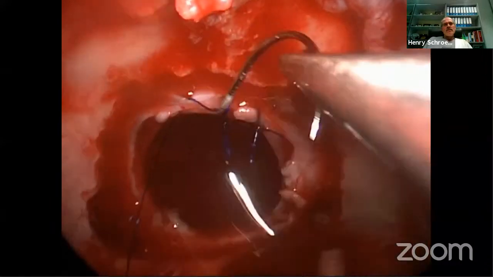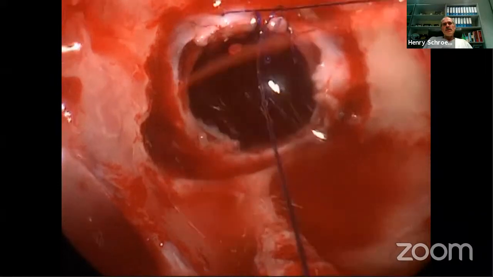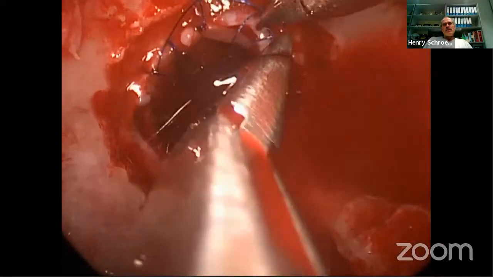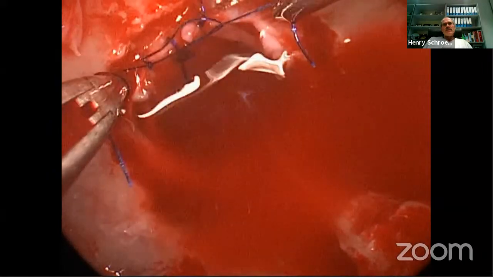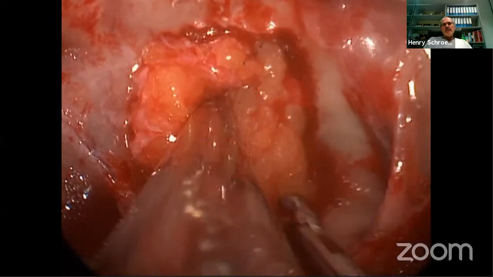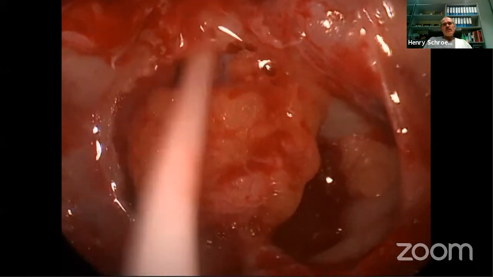And as Sebastian said in his presentation, it's a little bit time consuming to bring the sutures and to tie them in the depths. But it can be done. Then I put some fat in to fill the dead space, and then fibrin glue.